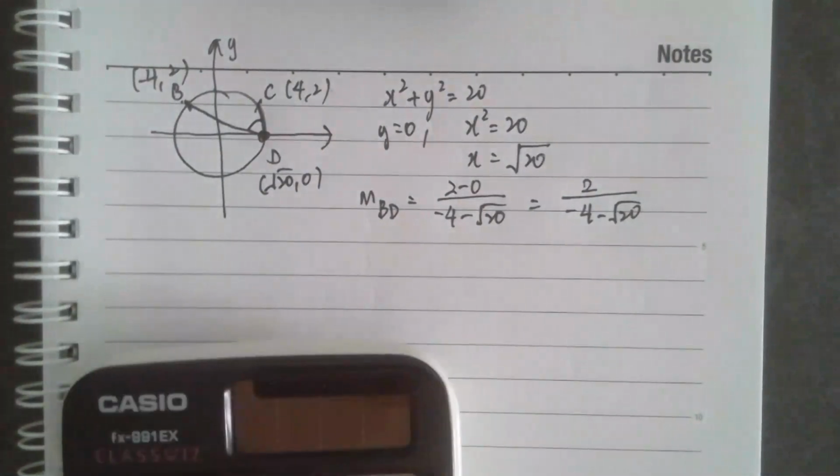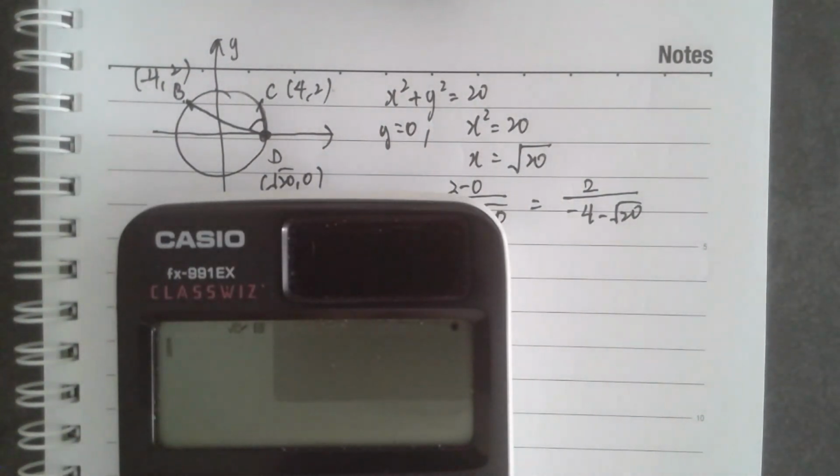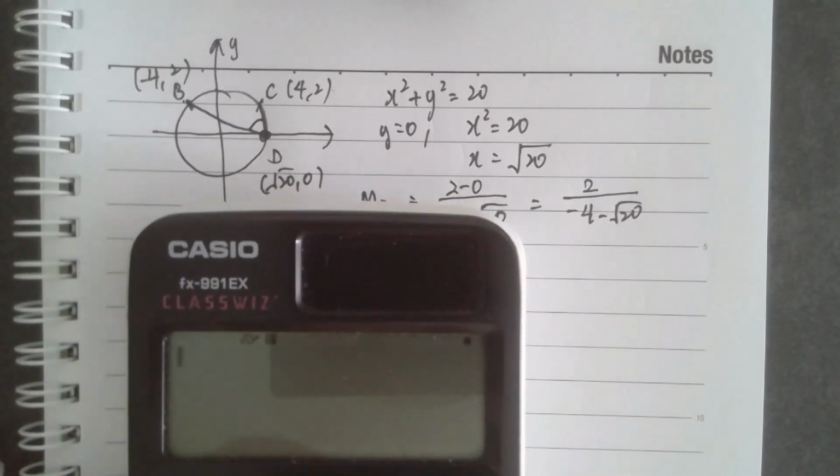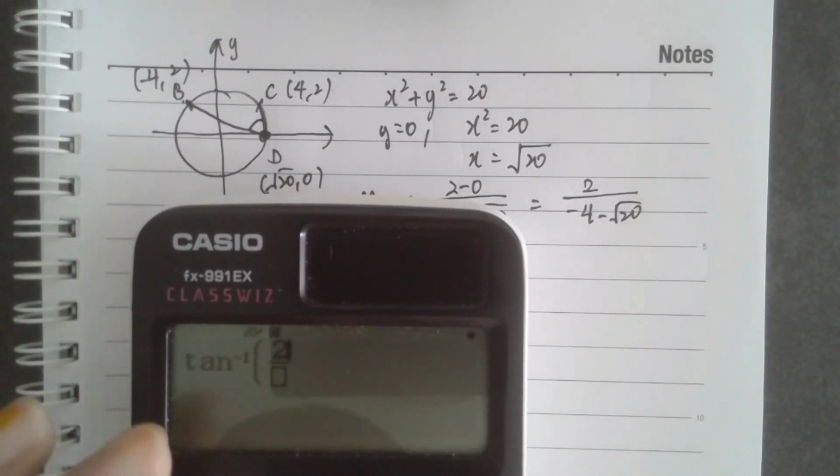So let's inverse tan this fraction, 2 over negative 4 minus root 20.